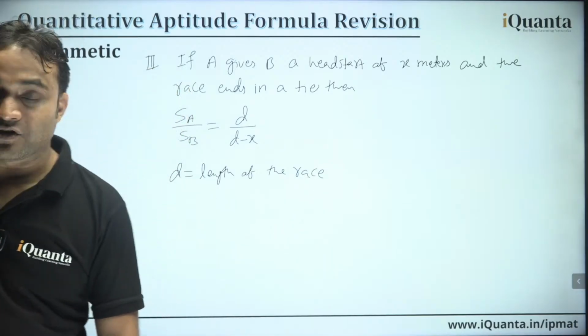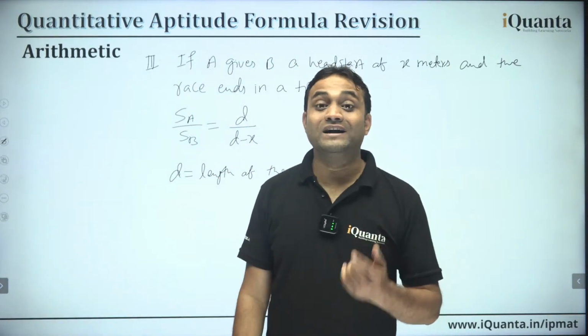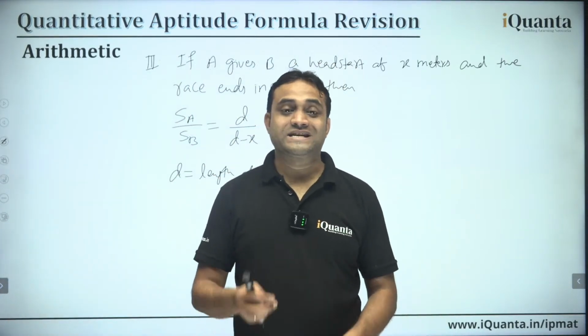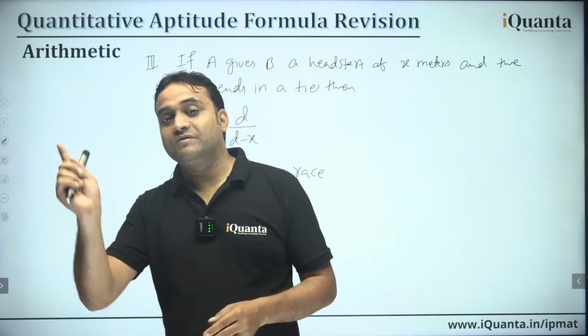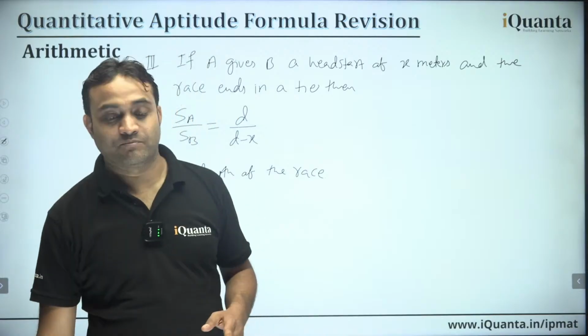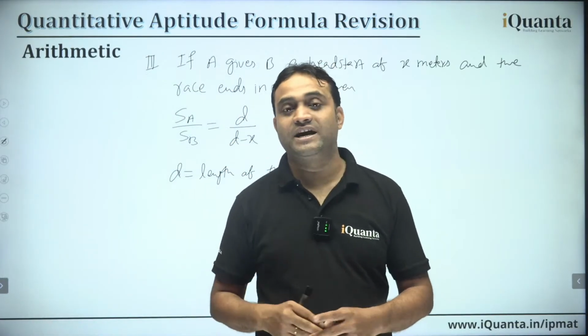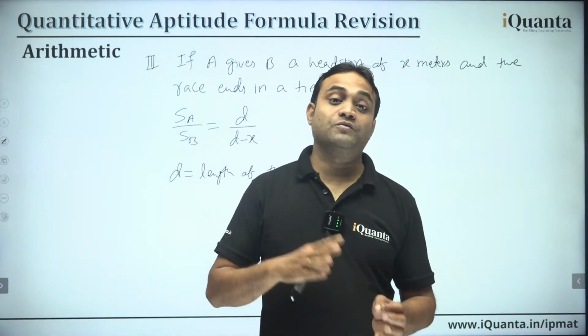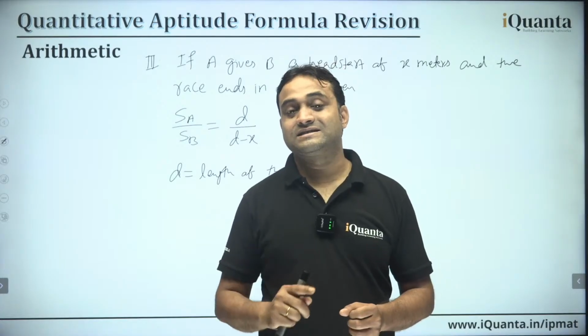In that situation, A is giving B an advantage of standing ahead of A by X meters. Both of them start running at the same time, and both finish at the same time, because the race ends in a tie.